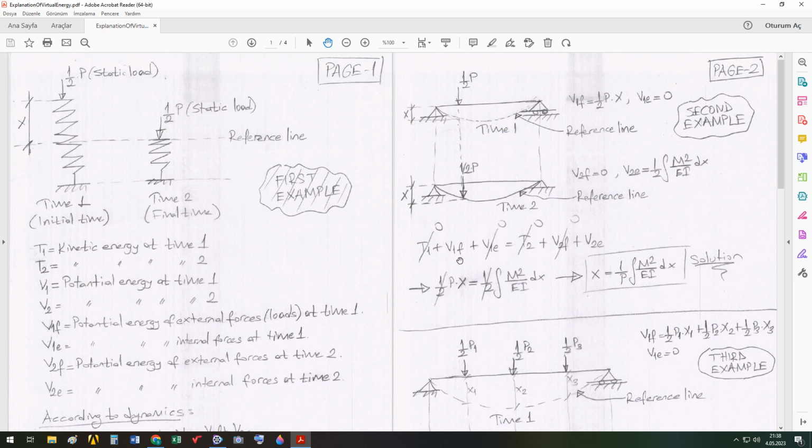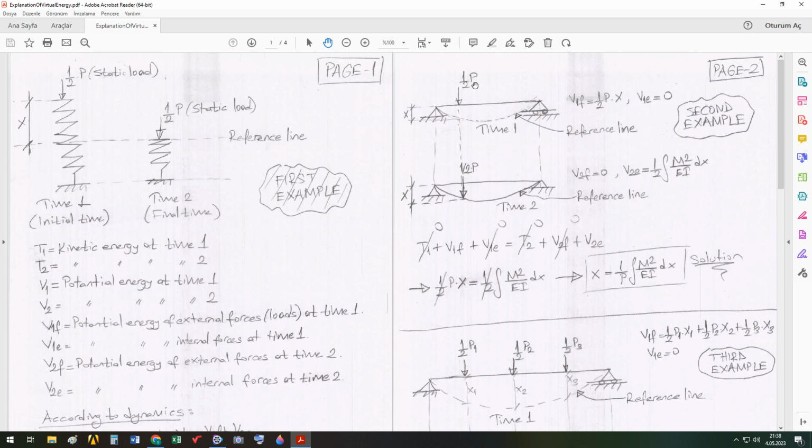We know that since the velocity is 0 when loads are applied statically, or gradually, or slowly, T1 and T2 are 0. This is time 1.